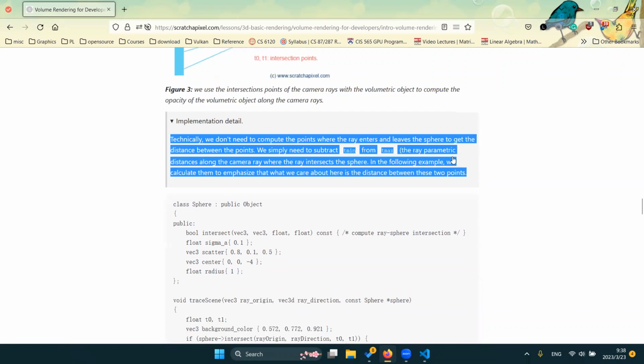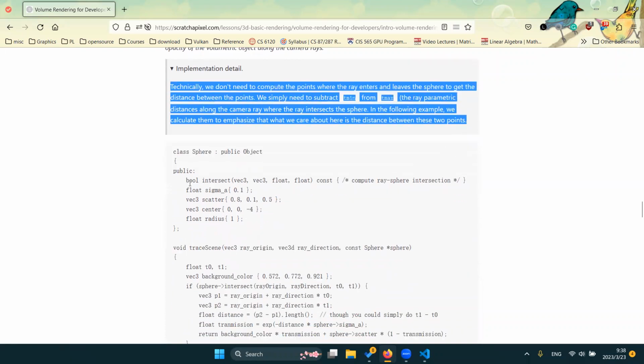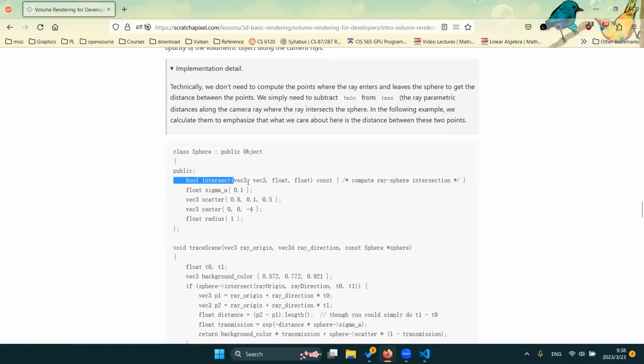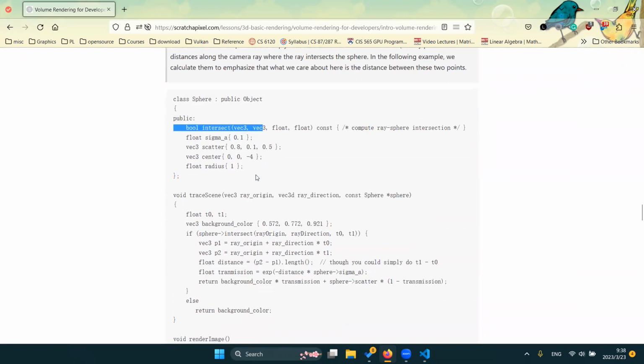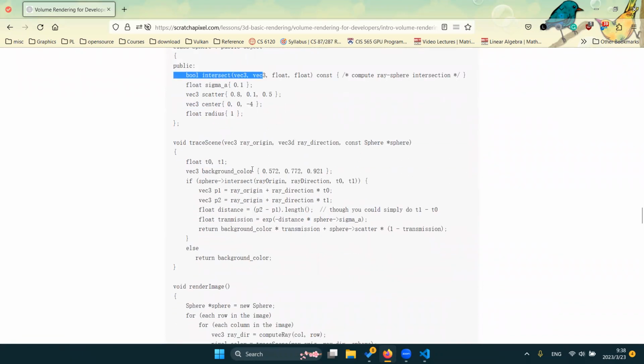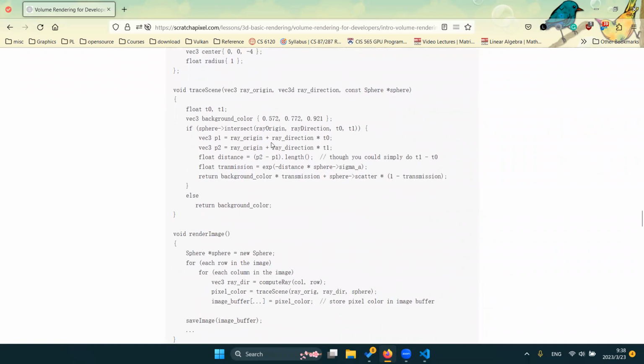So after we intersect, we calculate the 2 points, we get the distance. Yeah, this is redundant. We can't just do this.